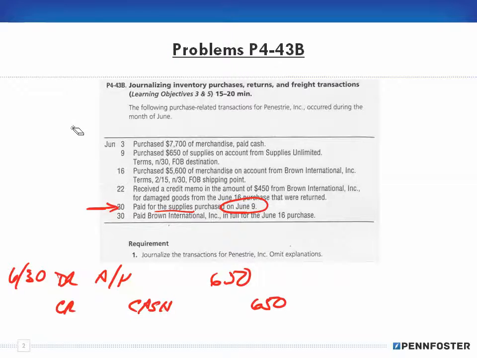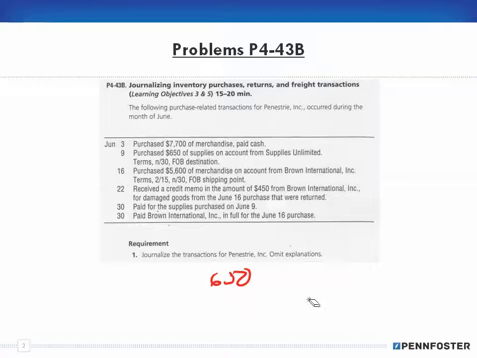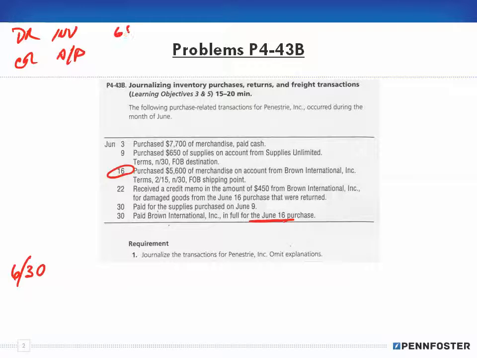All right, and let's see here. The last one is 630, paid Brown International in full for the June 16th purchase. Okay, so on June 16th, our entry was a debit to inventory and a credit to accounts payable for $6,500.